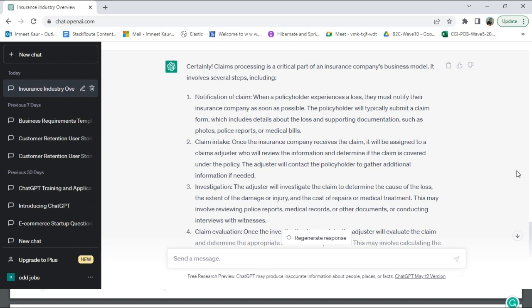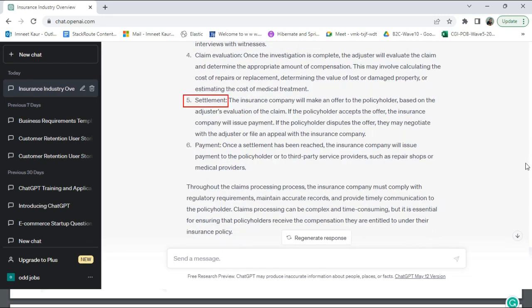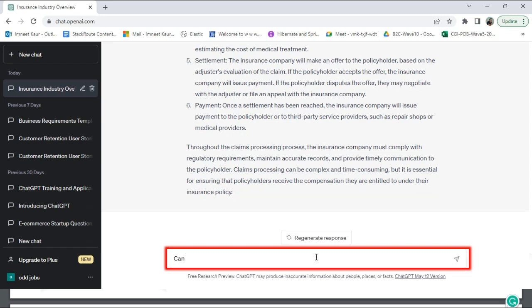its steps. So if I want to get deeper into point number 5, which is settlement, then our prompt should be, can you elaborate on point number 5?